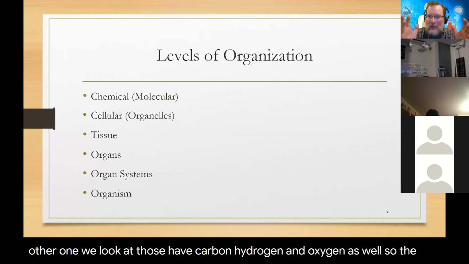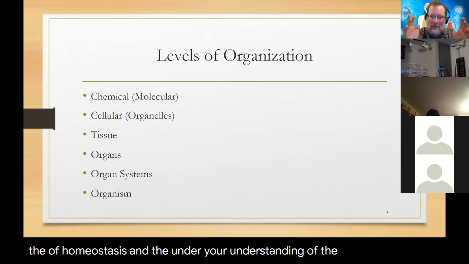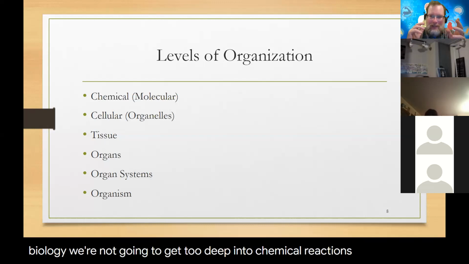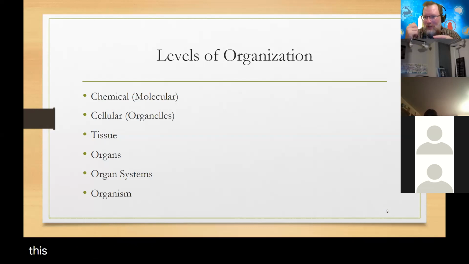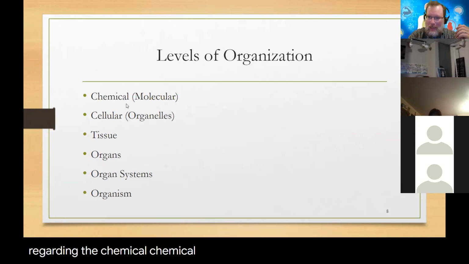The chemistry we do is going to be very relatable to your understanding of homeostasis and the basics of human biology. We're not going to get too deep into chemical reactions and synthesis this semester; we're going to do that next semester. But I will introduce you to some of the basics of chemistry terminology.